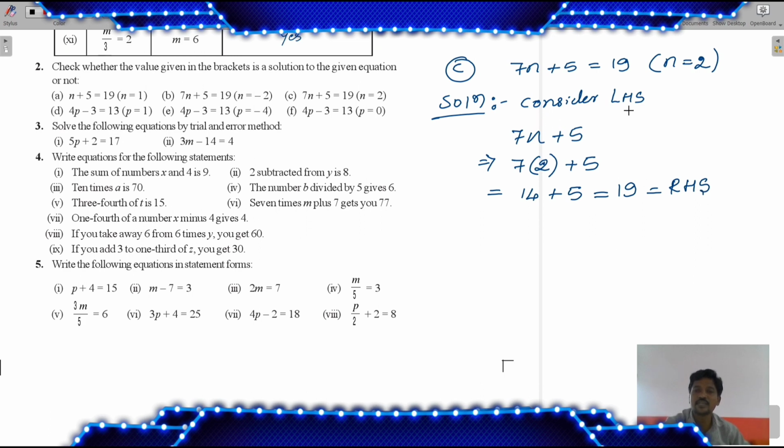We consider the LHS and we get the RHS. Therefore, n equals 2 is a solution of the given equation.